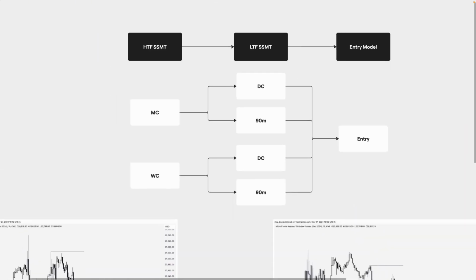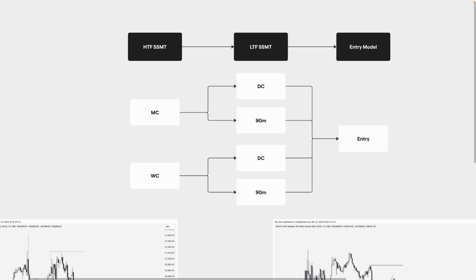In terms of entry models, we can use whatever you want. I personally, I think many of you know, I like my 1-minute precision swing points, but I don't really recommend that. I'd say for most people, just stick with your usual PD arrays, your 2022 entry model, so the market structure shift fair value gap, or an inversion fair value gap, or even a unicorn entry, which is your breaker and fair value gap.